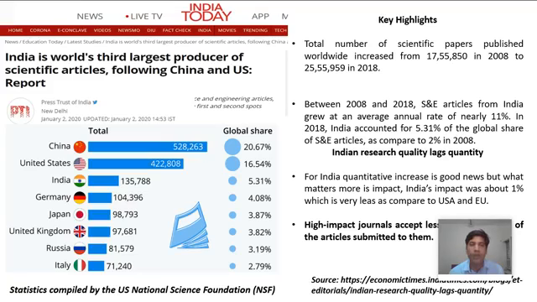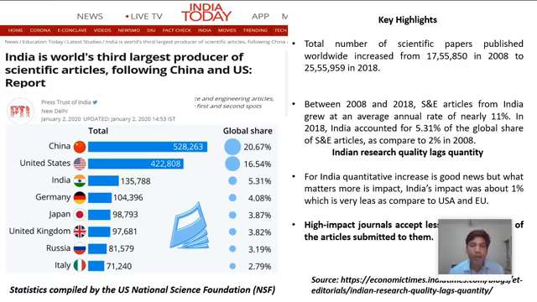You can see from this slide that the total number of scientific papers published worldwide increased from 70 lakh 55,850 in 2008 to 25 lakh 55,000 in 2018. Between 2008 and 2018, science and engineering articles from India grew at an average annual rate of nearly 11%.